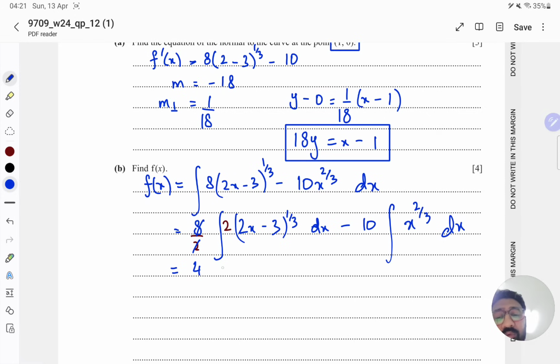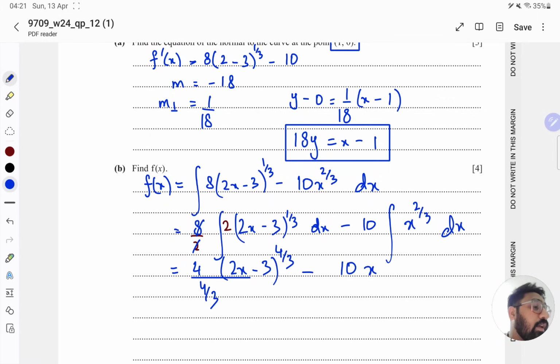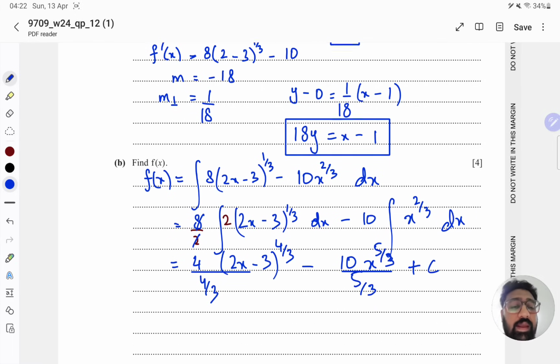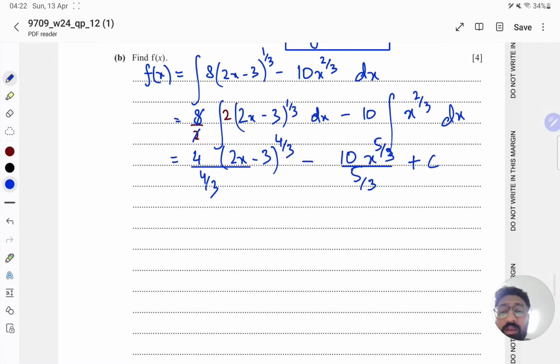So this will become 4, and if I do the integration for this, it will be 2x minus 3 power 1 by 3 plus 1, which is 4 by 3, and I will also divide by 4 by 3, minus, if I do the integration for this, x power 2 by 3 plus 1, which is 5 by 3, and I'll also divide by 5 by 3, and there is no limit, so I will apply a constant value at the end as well.